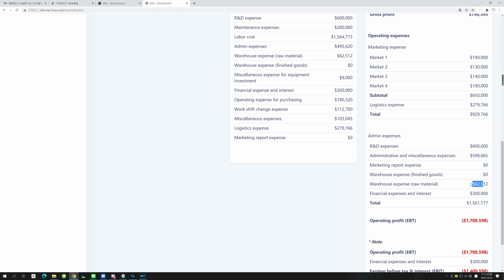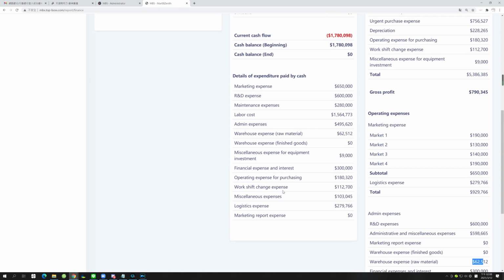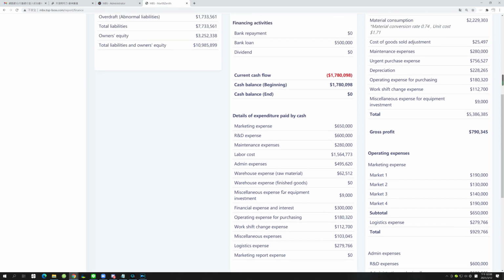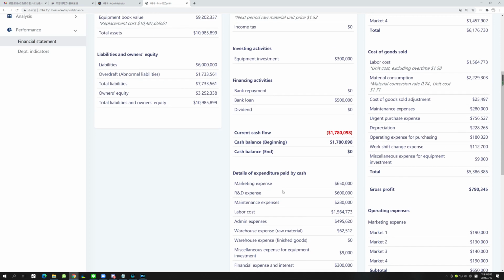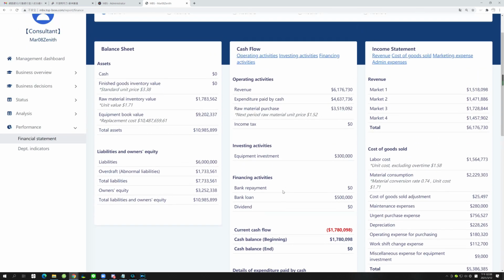If you want to be a cost leader, you need to lower the cost of the raw material, and you have to look at the future quarters. That means you're not looking at this quarter; you need to look at the quarters ahead of you.